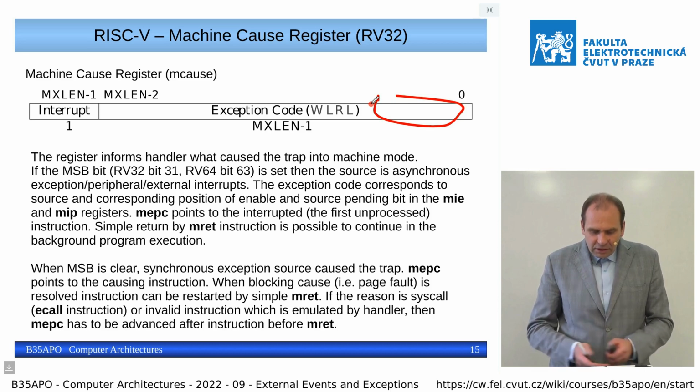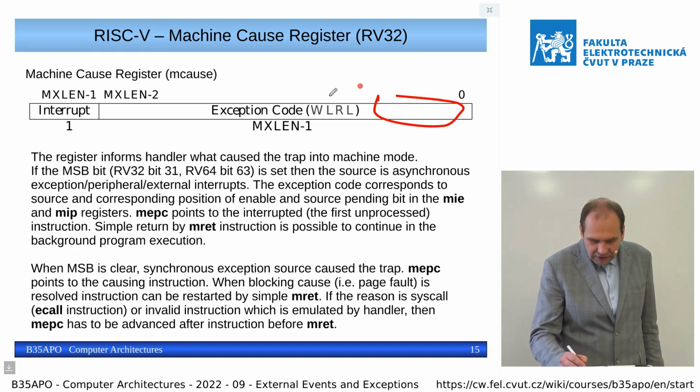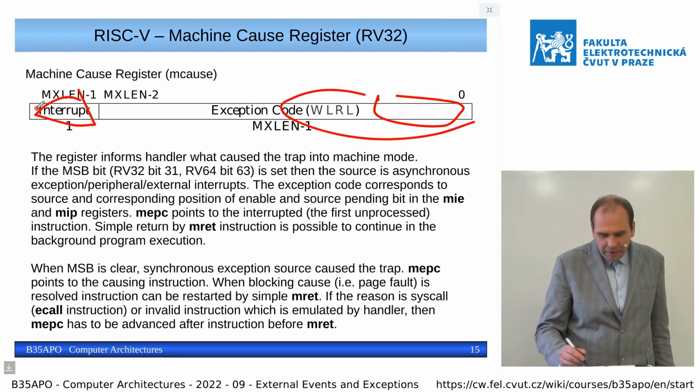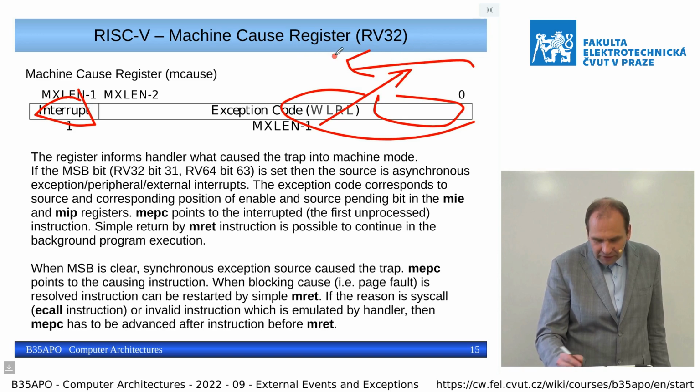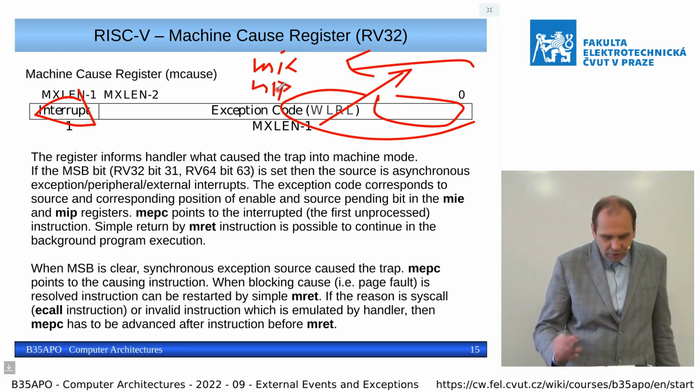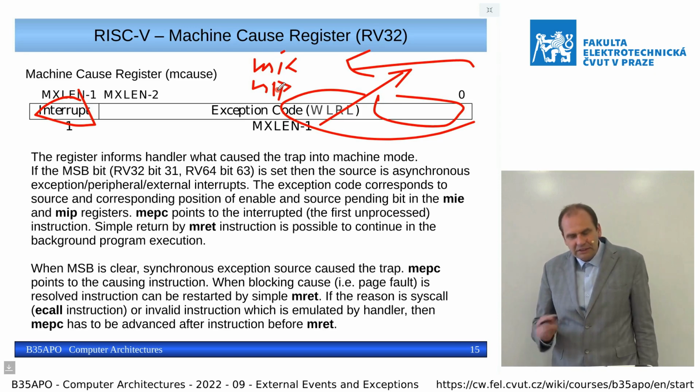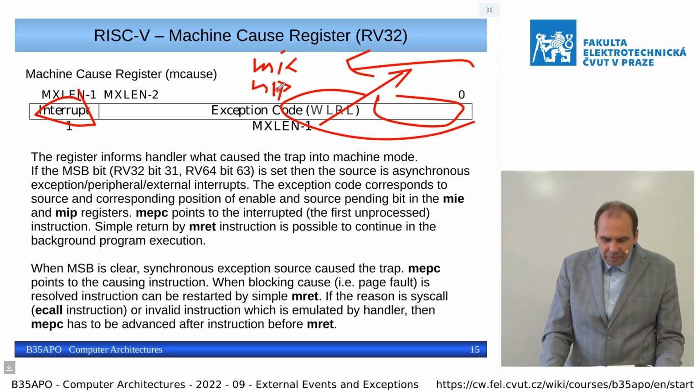And this number in the exception code for an external interrupt corresponds to the bit position of that source. So basically this is a shift left of 1 in the machine interrupt enable, machine interrupt pending registers, and so on. So this number directly corresponds to the bit's location.